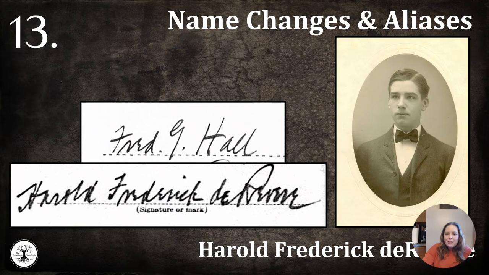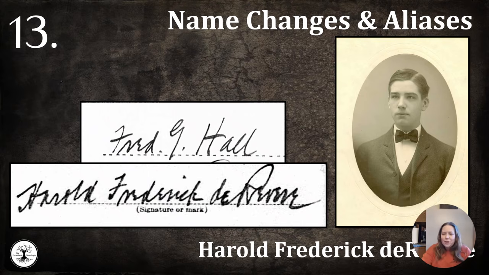Hall. So I started looking at signatures. That's an amazing way to figure out these aliases. So especially like World War I and World War II documents, the draft cards. So I found the signature from his marriage, Fred G. Hall, and then I found a draft card of Harold Frederick de Revere, and those are the same person.